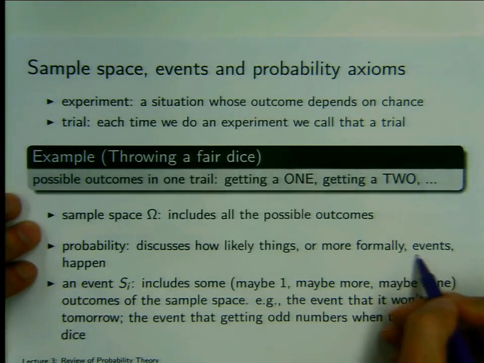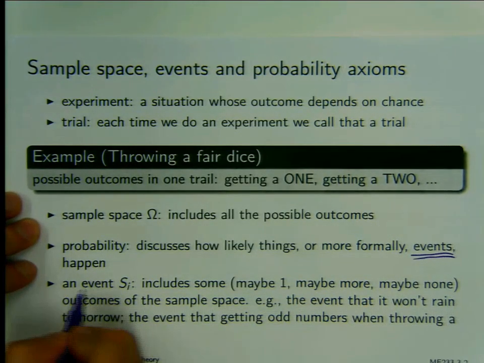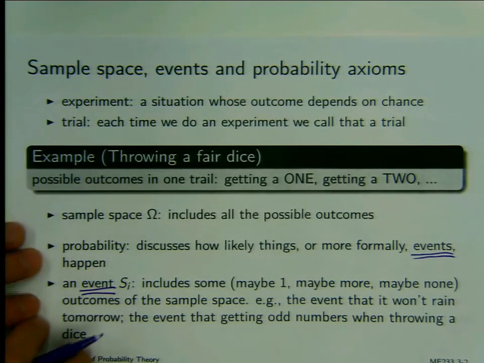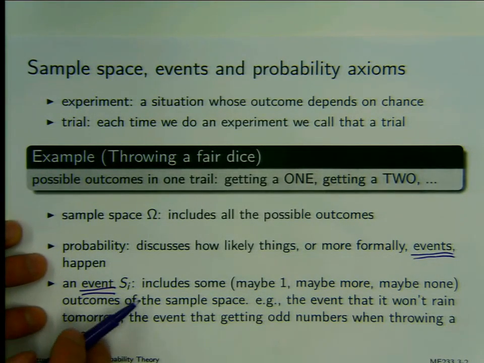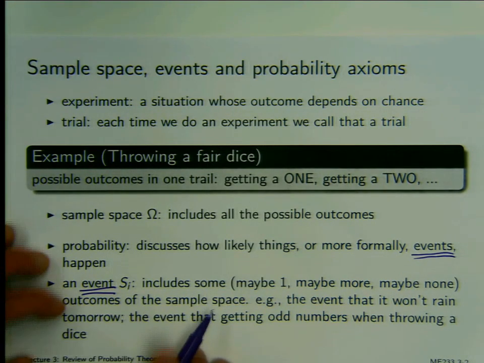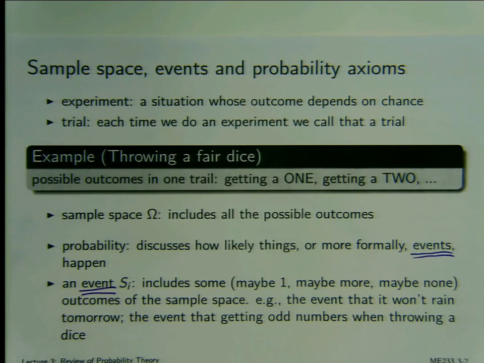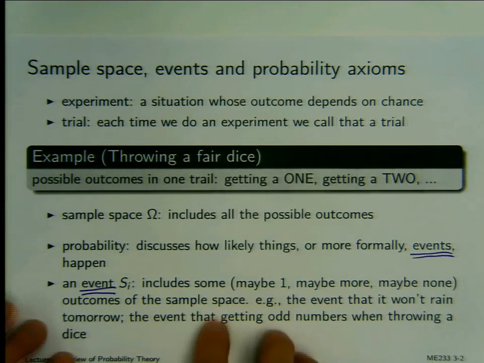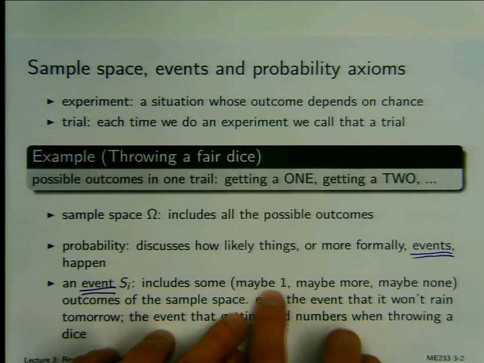A more professional way to say this is an event. An event contains some outcomes of the sample space. For example, if I throw a dice, an event can be I get an odd number, or I get an even number, or I get a 10, which has a probability of 0.